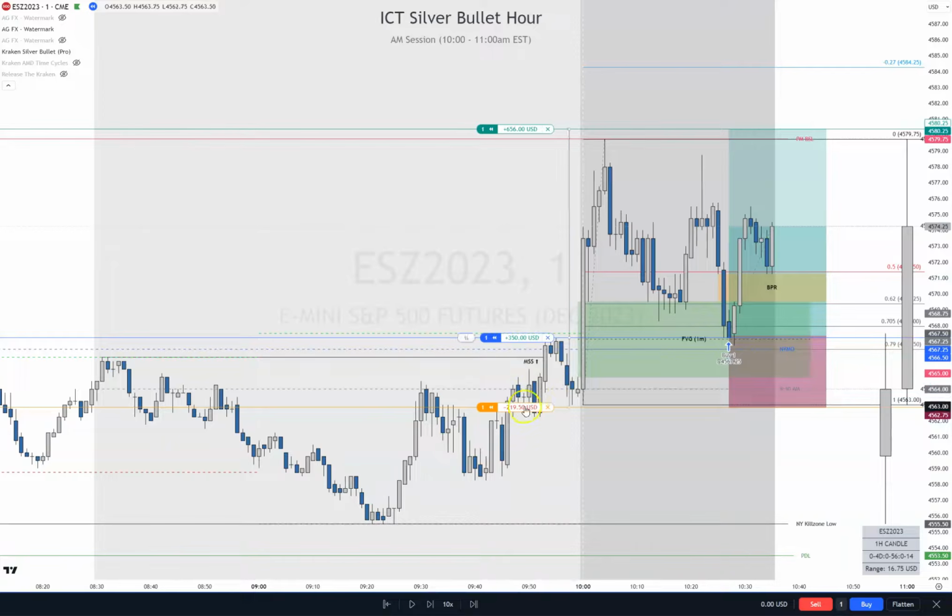And we're at 60%, so I'll move my stop to one plus break even. Especially since it's a balanced price range, there's no reason for it to go into that. So we're going to go to the bottom of it.